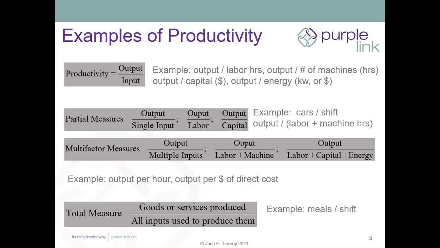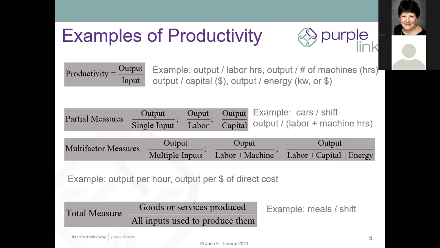So they add the labor, and this is typically in hours, the machine hours plus the human hours. So you can get a number from that, or you can get a ratio from that. But I don't know that that's as valuable as doing the output per the human labor and output per machine hour, because I think that gives you a better sense of actually what you're doing and how that's working out.